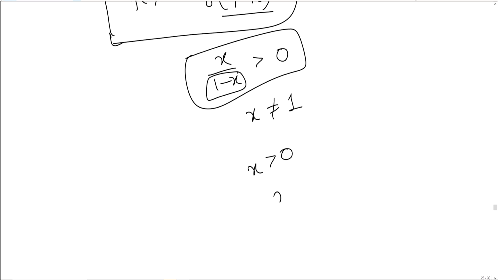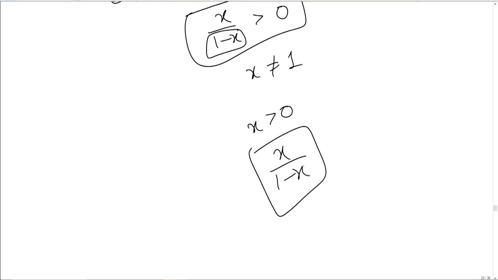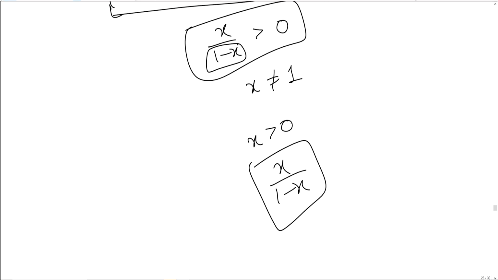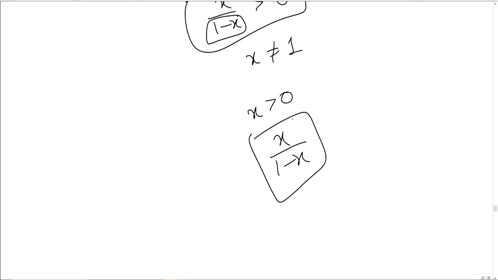Not possible, right? See, the term is x divided by 1 minus x. If x is negative, then the denominator would become positive, but the numerator would remain negative, and that is not what we want. We do not want this value to be negative. We do not want x to be 0 as well, because if x is 0, this will become 0, it can't be 0, right?